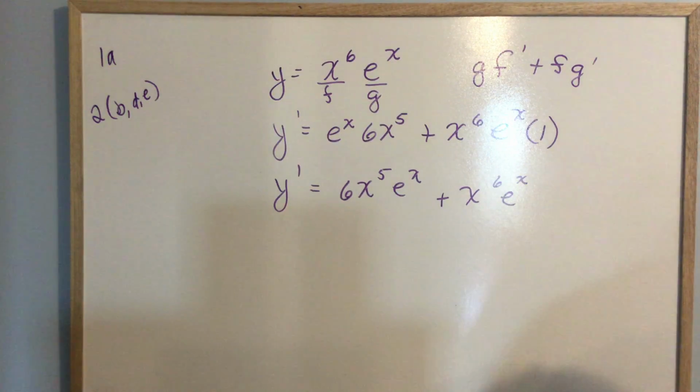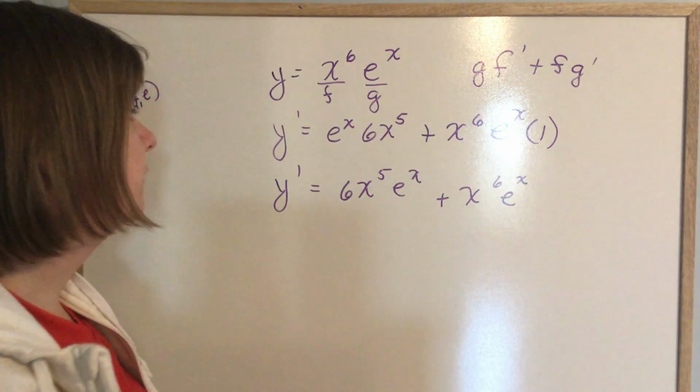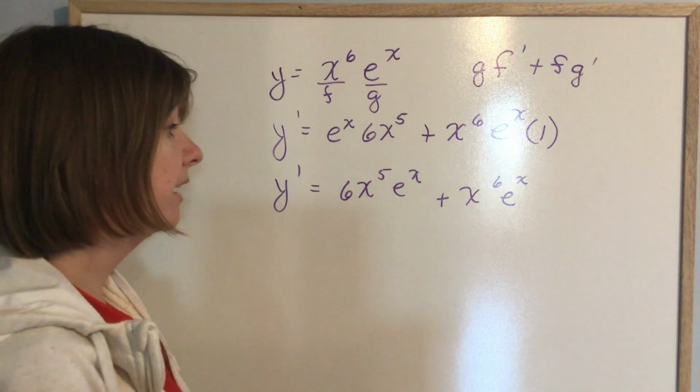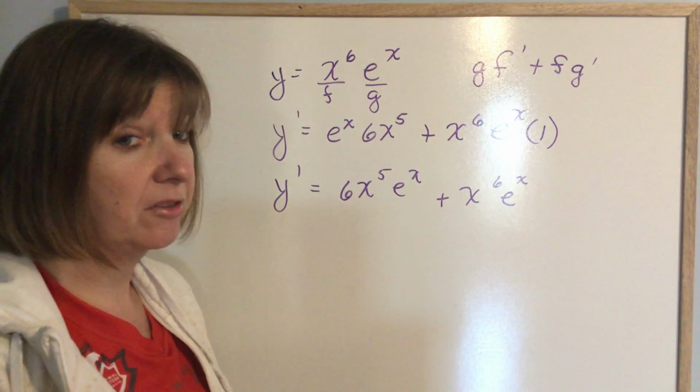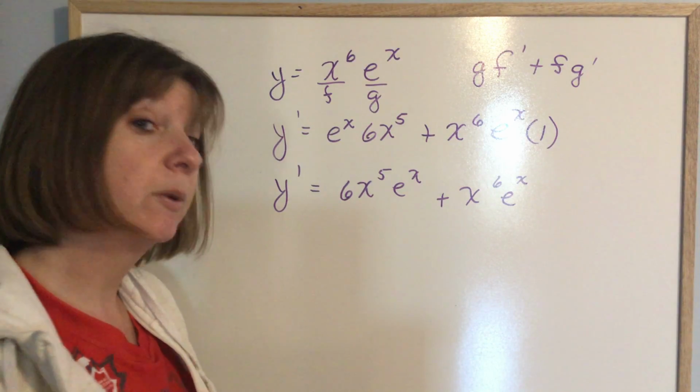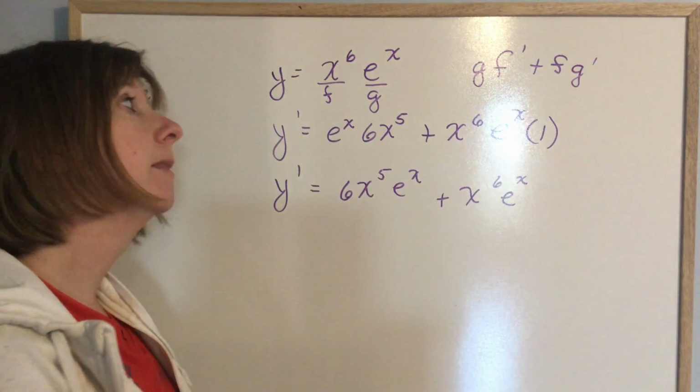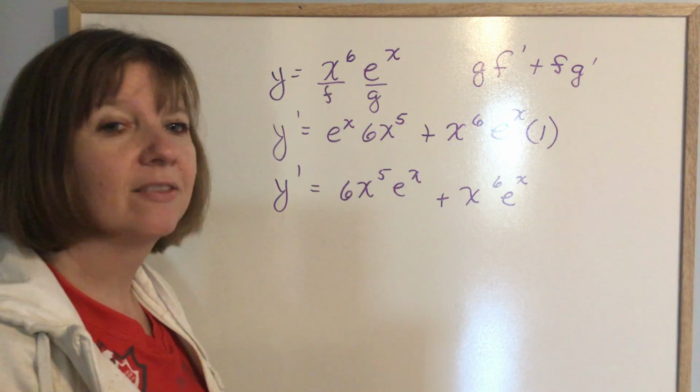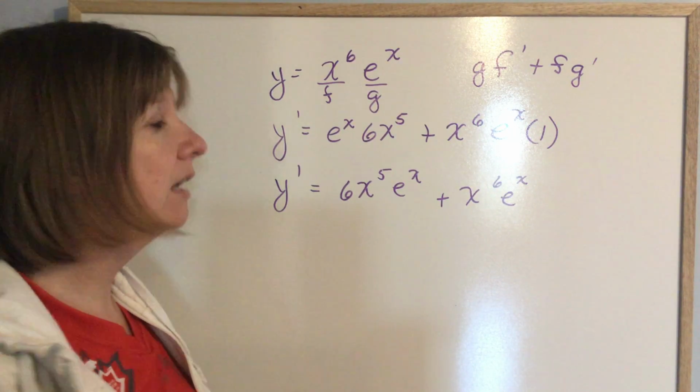So yesterday in the video, I said a lot of professors are going to ask you to take out a common factor, but they didn't in the example. And again, this is when they're not consistent, and I don't like that.